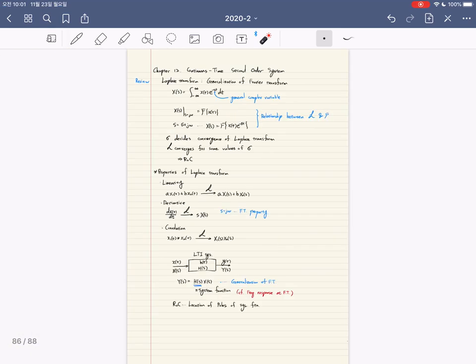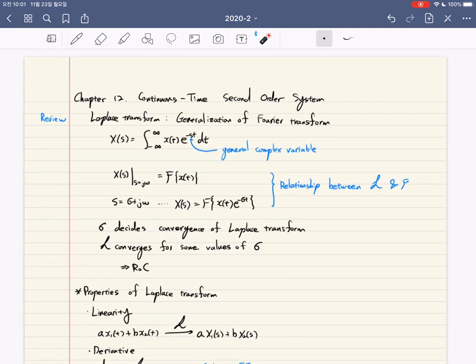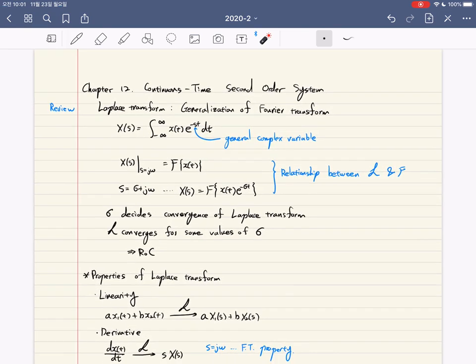In the previous lecture, we talked about the Laplace transform and entered the chapter which is about the properties of the Laplace transform and also the second order system.